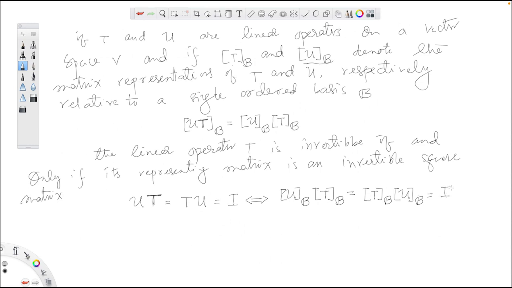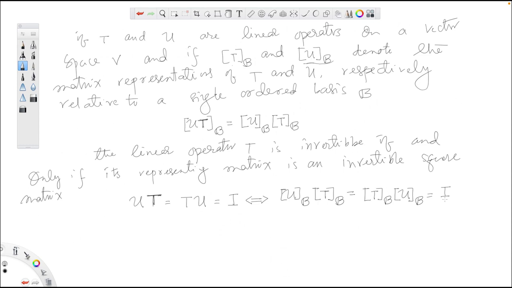So here I denote by I both the identity operator on the vector space V and the identity matrix representing the identity operator on the vector space V.